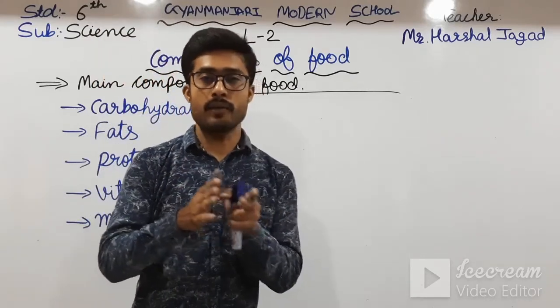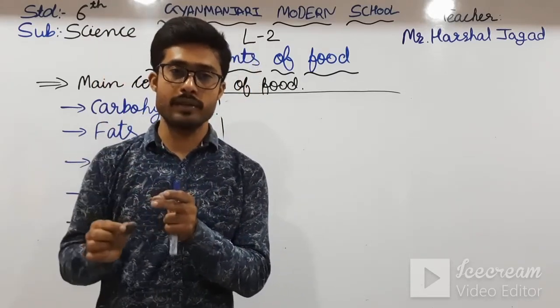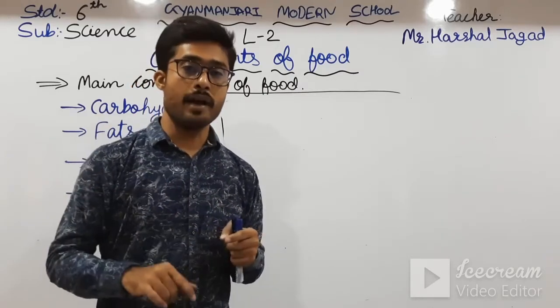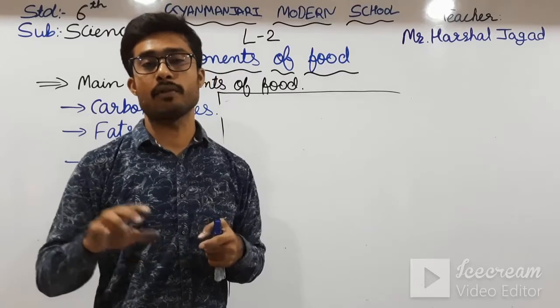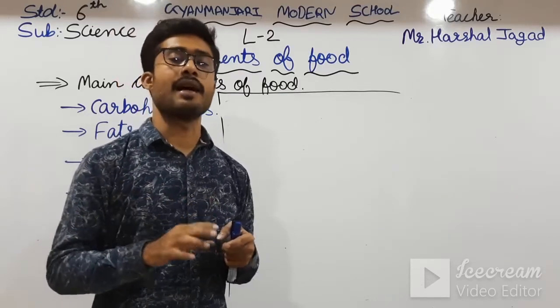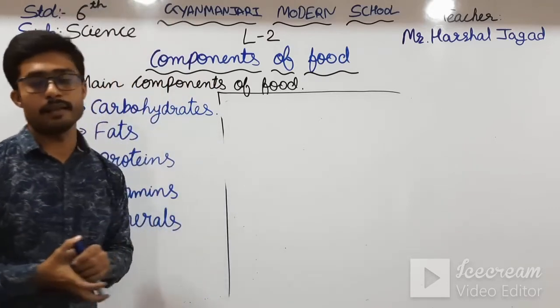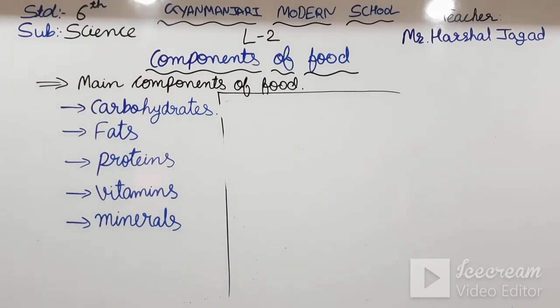Then if it turns blackish, then starch is present in your food, and if it does not turn blackish, then starch is absent in your food. Okay students, these are the two activities.